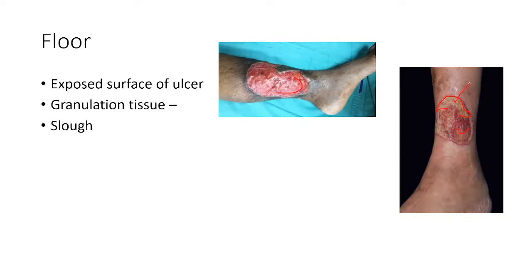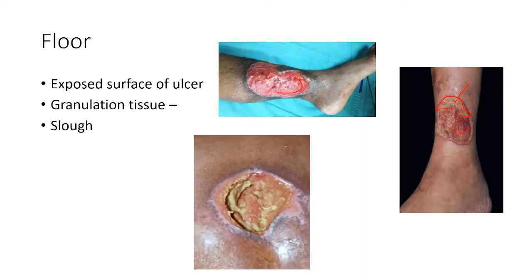Slough is defined as dead soft tissue. And what is soft tissue? Soft tissue is anything between the skin and the bones. It can be fascia, nerves, muscle, anything. When it is dead, it is called slough. Here is another ulcer.